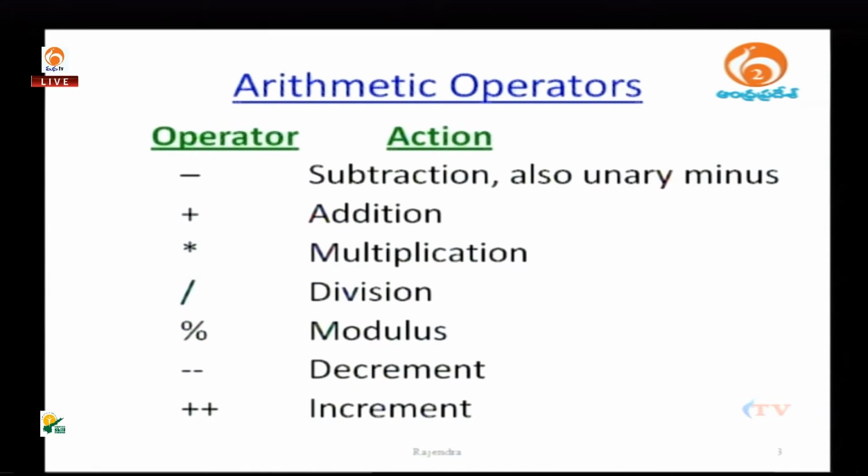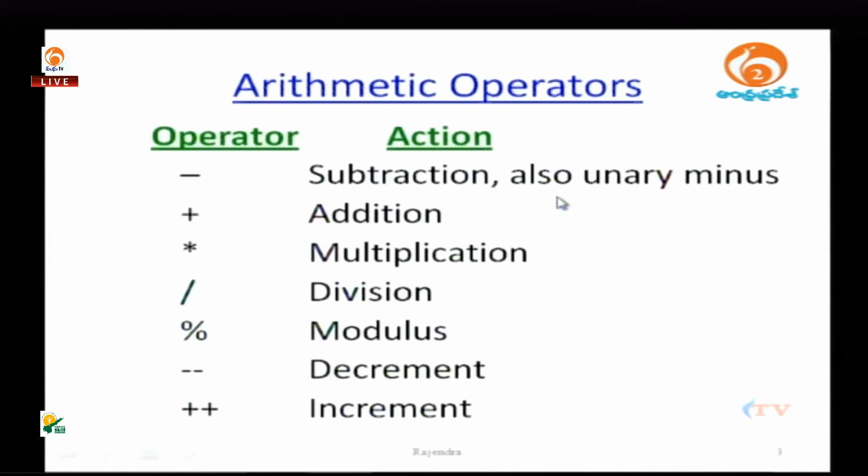So we will see the arithmetic operators. What are the arithmetic operators? Addition, subtraction and multiplication, division, modulus, decrement and increment. These are the operators that come under the arithmetic operators. There are two ways we can use the minus.